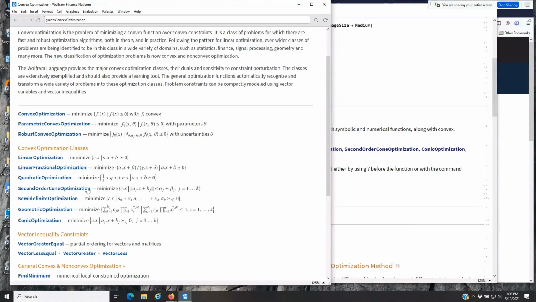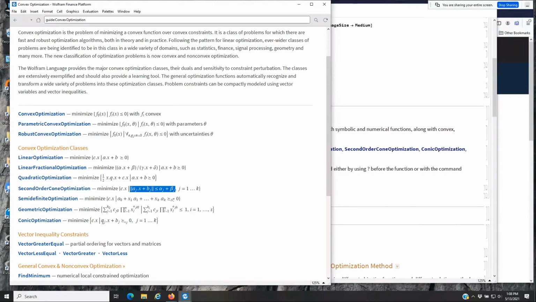Now, I'm going to have additional constraints quite often. These additional constraints will determine, again, a limited area in the solution space. For these additional constraints, I'll be using second-order cone optimization and conic optimization.